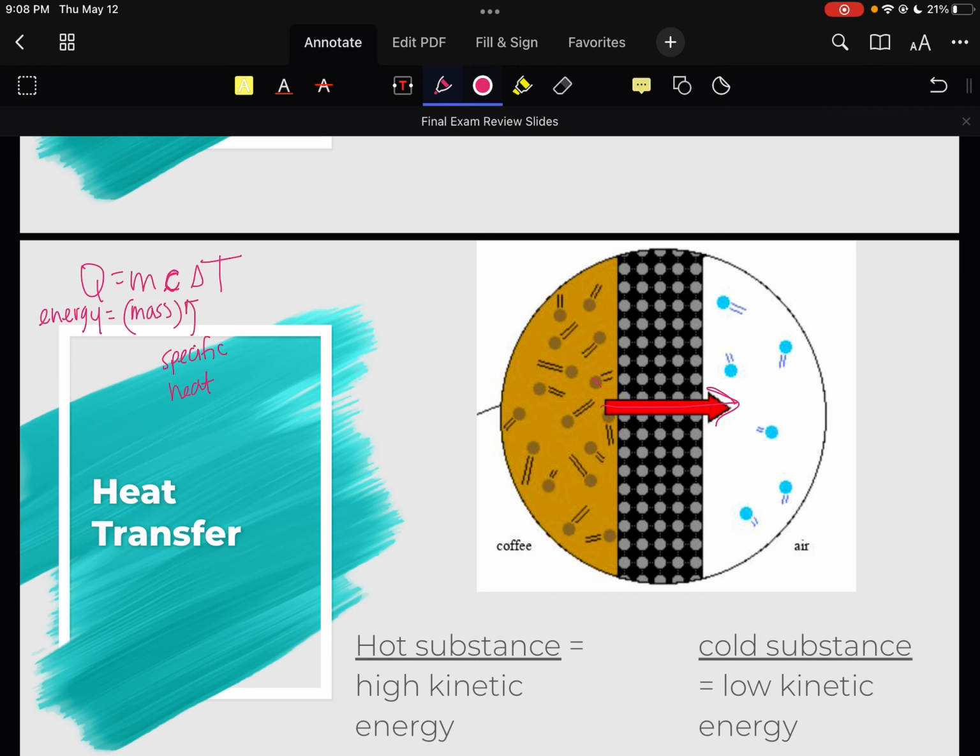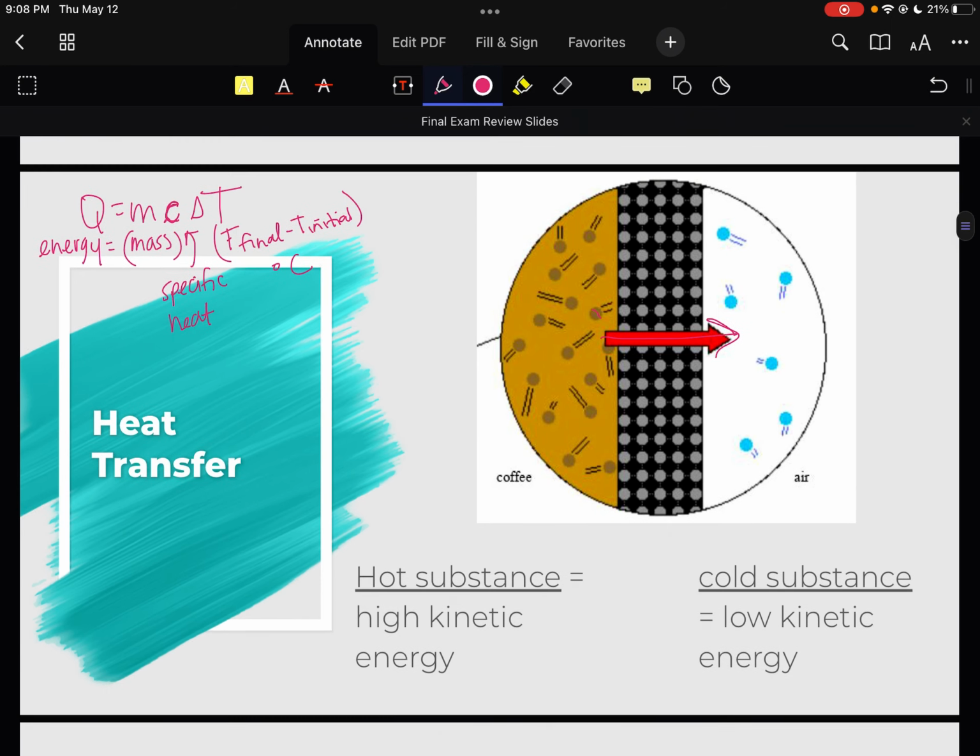And then the temperature, this is always your final minus the initial. So it's okay for this to be in degrees Celsius because we're not talking about a gas here. We're usually talking about water or some other kind of metal that's getting hotter, because you're putting it next to something that's hot. So we can actually measure how much energy is absorbed by looking at how much the temperature changes.